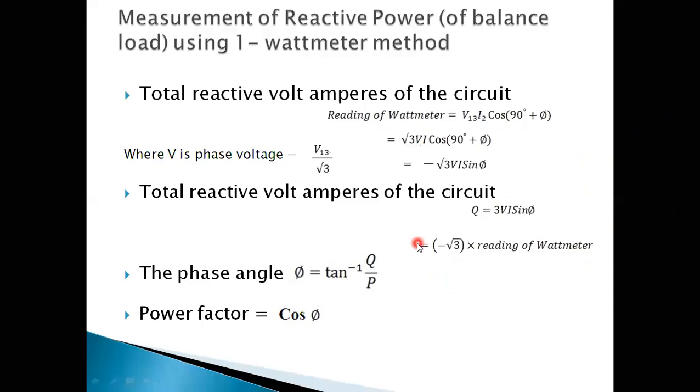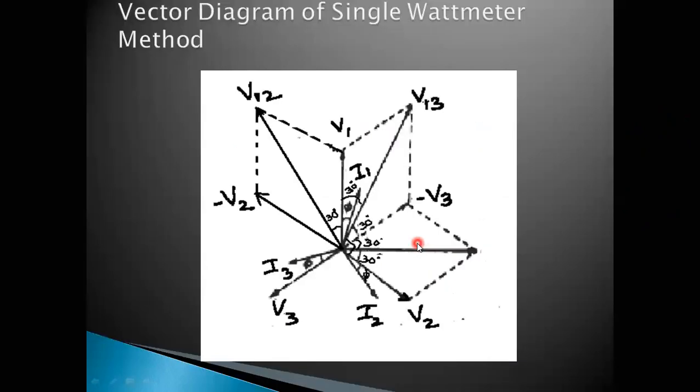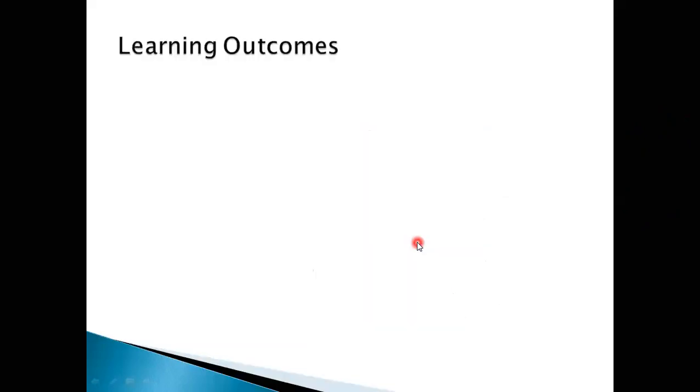Let us conclude the presentation. So far we have seen how a dynamometer type works as a wattmeter briefly. And then we have seen a circuit diagram to connect a wattmeter to measure single phase power.